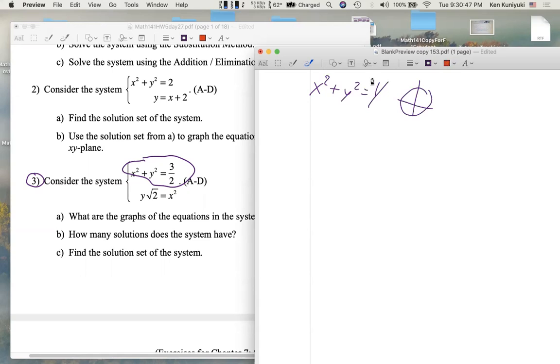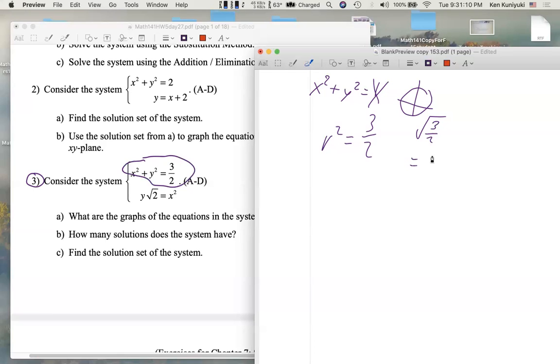So if instead of 1, we have 3/2, it just means that we have a circle centered at the origin, but with a different radius. The radius would be the square root of 3/2, because this is r squared, right? R squared is 3/2.